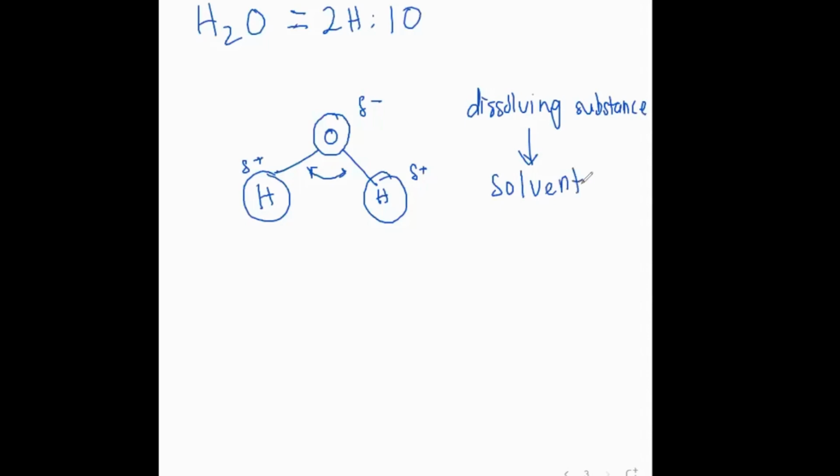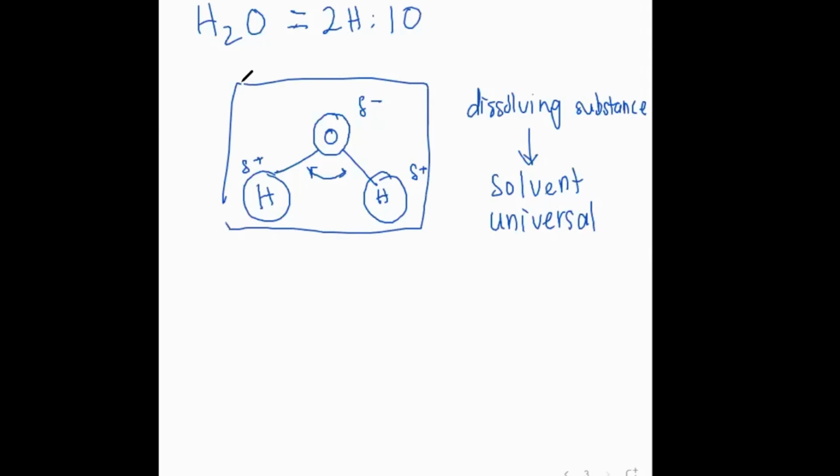You put salt in water, they mix; you put sugar in water, they mix; you put any kind of powder into water, they mix. But not all, they mix most of it，大部分的东西它都可以掺进去，不是全部，but 大部分。So this gives the ability of water to mix with any other thing, that's why we call it a universal solvent, because the majority of things can mix, because of the behavior of the water, because of the polarity of the water.